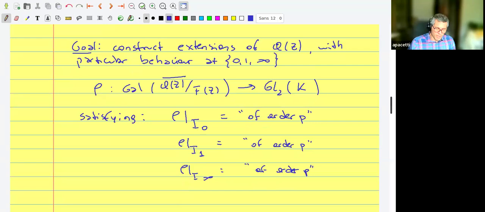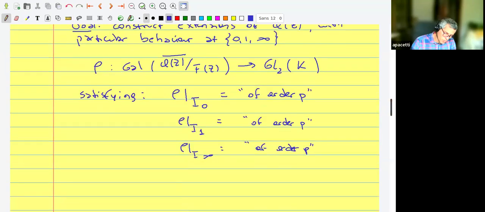And the idea is also the same. Let's suppose, for example, that your inertia at 1, why do you want this sort of behavior? Because when you specialize the parameter, what you're going to get is something of order p. What I mean is that it's generated by some matrix, and this matrix has order p. So what you get when you specialize is this matrix raised to some power.